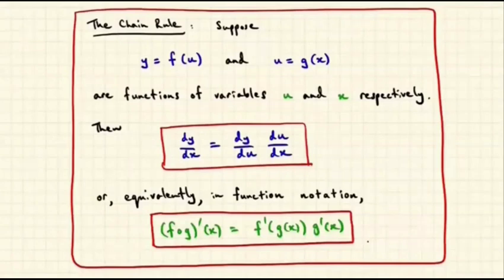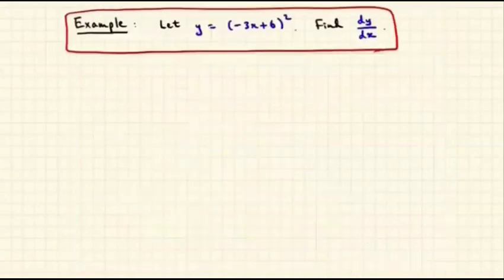These two statements look quite different, but in fact carry exactly the same information. I'll come back to the function notation that involves the dash a little later. For now, let's focus on the version of the chain rule using Leibniz notation and work through some examples.